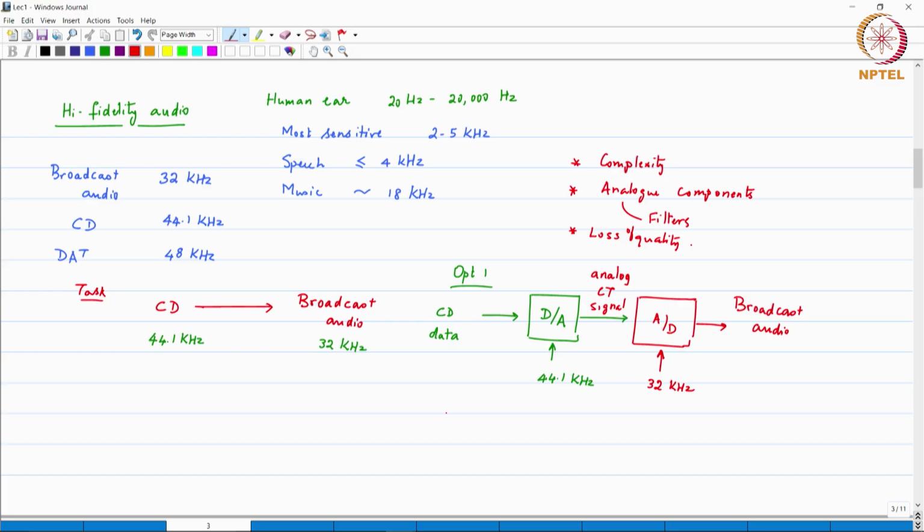On the other hand, if you had a way of doing the following, option 2, you take your CD data and you do some processing, which would be completely in the discrete time domain, and you come out with the broadcast audio. This essentially means that you did not attempt to convert it into analog; you stayed completely in the discrete time domain, but nevertheless managed to achieve the translation of the sampling rate.